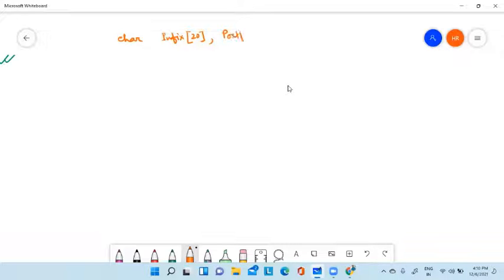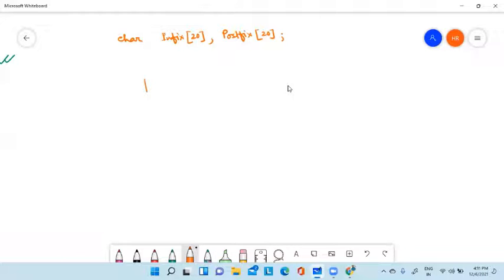Another is postfix. So these are the two arrays that you have to take. In infix, you have to take the input and finally you will get the result in the postfix.